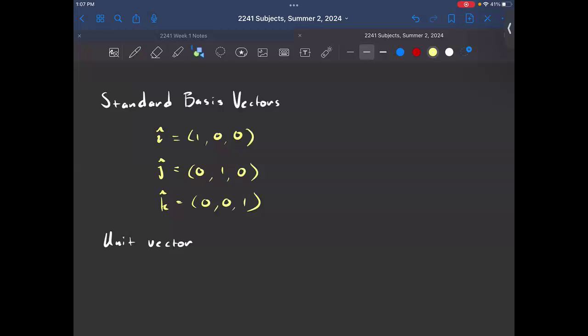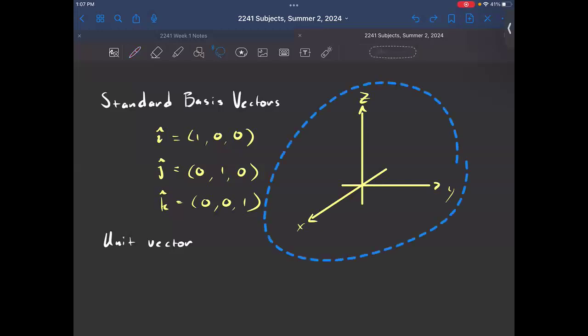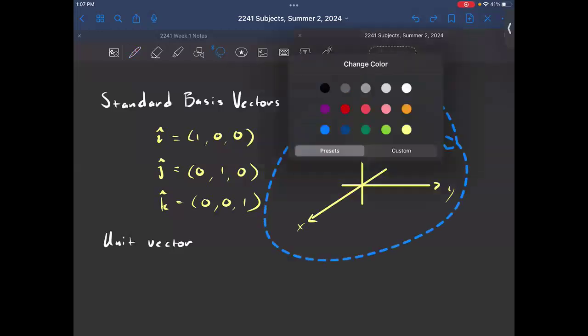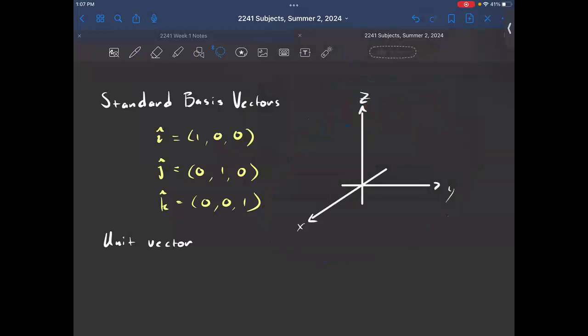And in an XYZ plane, or sorry, space, these guys sort of look like this, X, Y, Z, and then in red, I'll put, that's not very visible, is it? Maybe I want this to be white for now, sorry. Here we go.